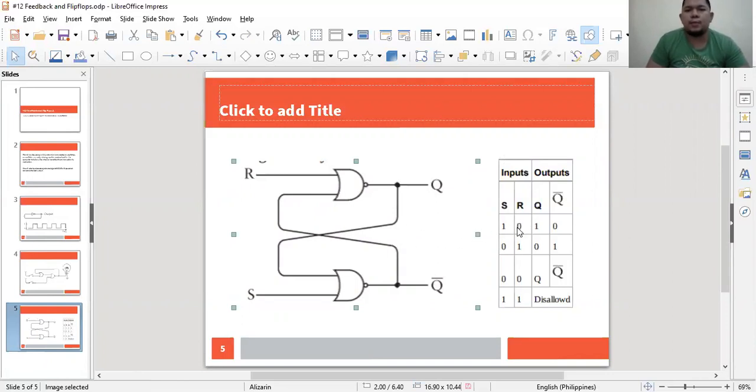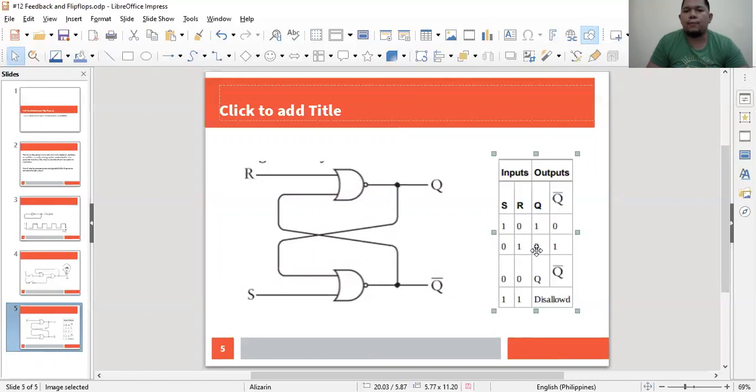As we discussed earlier, when we set S to one, and we have the value of R at zero, we essentially store the value of one for our output, and when we revert our set value to zero, the circuit remembers the value for output, so it returns the value of Q. Similarly, if we have 0 and 1 for the inputs, where our reset value is 1, our output becomes 0.